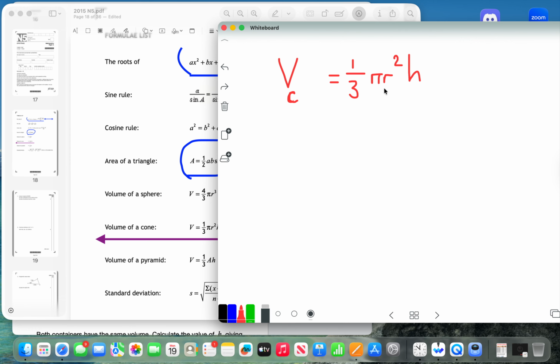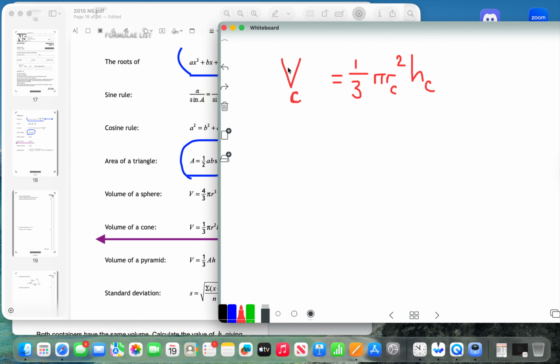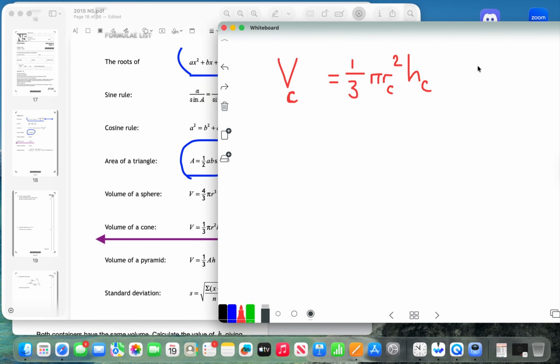The reason is because we have a radius of the cone and of the cross section, and we have a height of the prism and a height of the cone. So I'm going to use the subscripts or the letters at the bottom so they don't get confused.